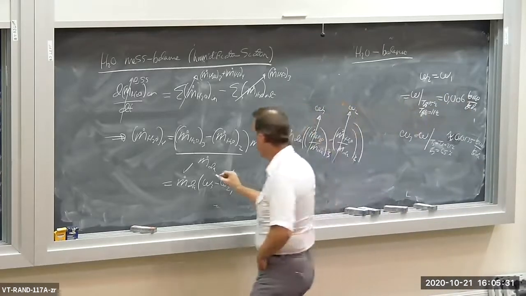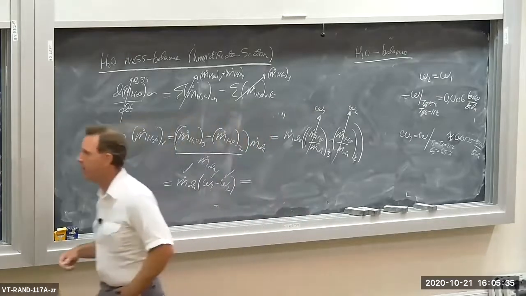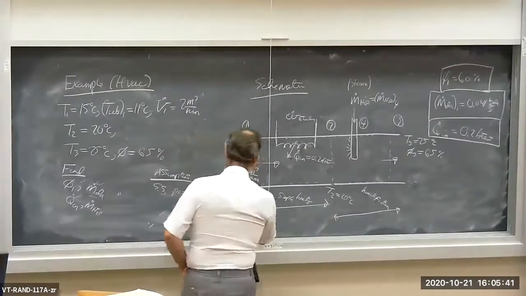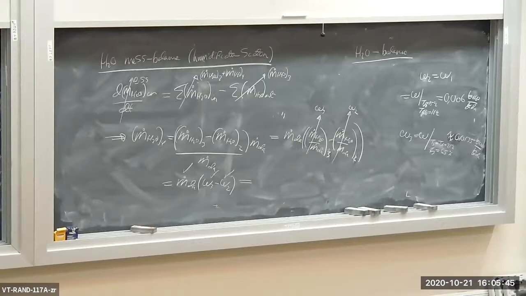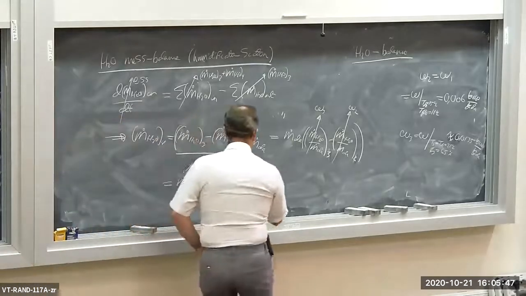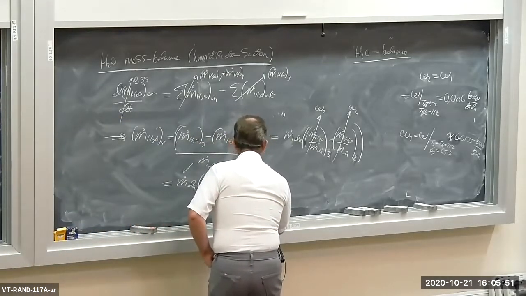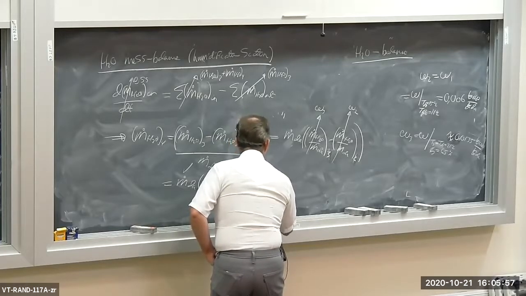Okay, check. Now m dot for the dry air, I calculated that before: 0.041 kilograms of dry air per second.